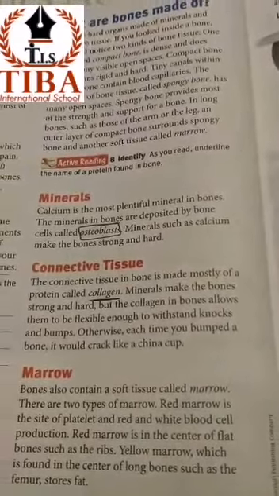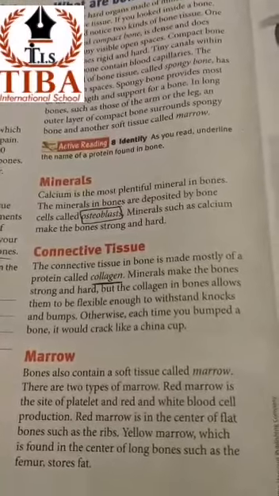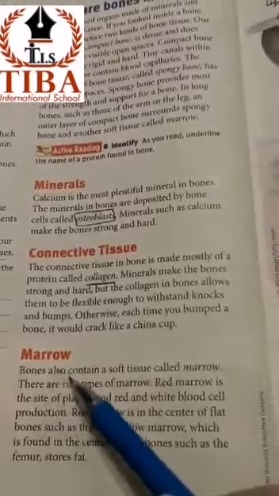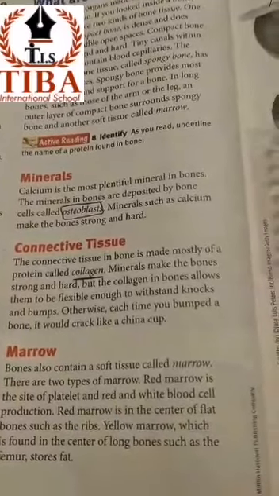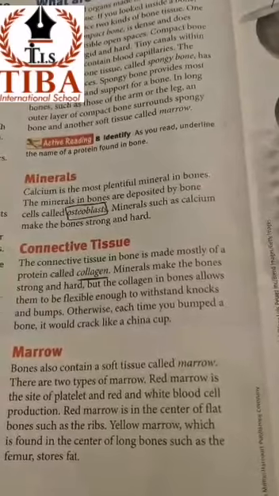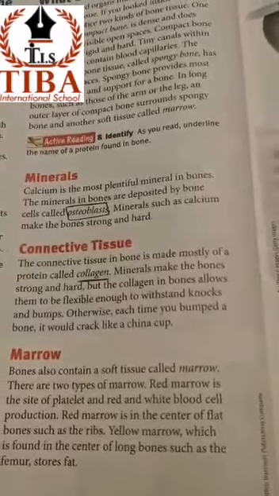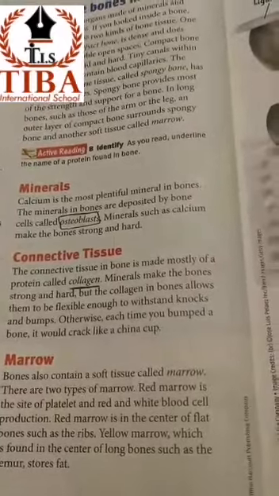It gives bone flexibility and allows them to withstand any knocks and bumps. Finally, the marrow. We have two kinds, the red bone marrow, responsible for producing the blood cells, and the yellow bone marrow, responsible for storing fat.